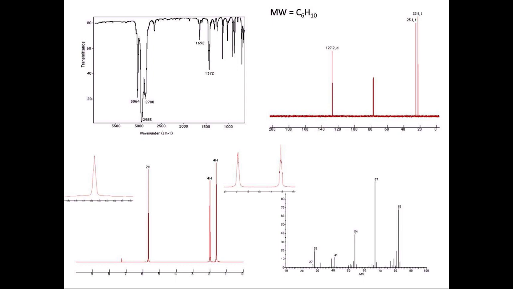So we could draw 1, 2, 3, 4, 5 carbons, and we could have an alkene hanging off. Or we could draw a 5-carbon molecule with a methyl group. So what we need to figure out is which of these structures could be represented by this data.